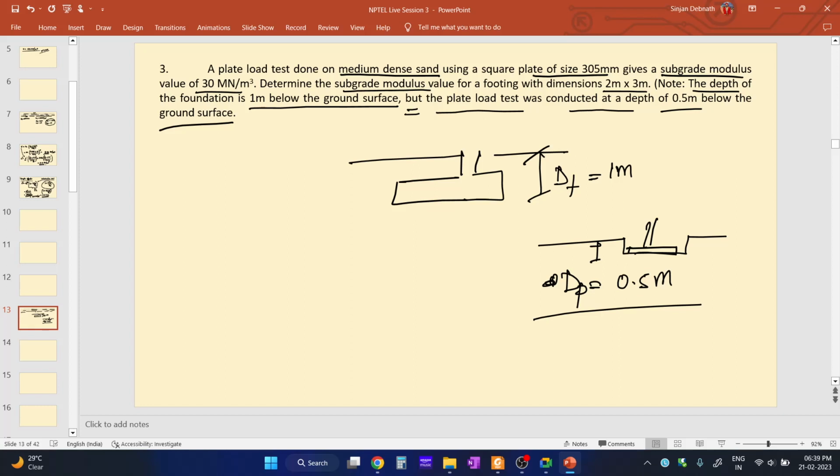So the B1, that is the dimension of the plate, is 305 millimeter. The subgrade modulus, that is K1, corresponds to the plate having dimensions 305 millimeter by 305 millimeter.